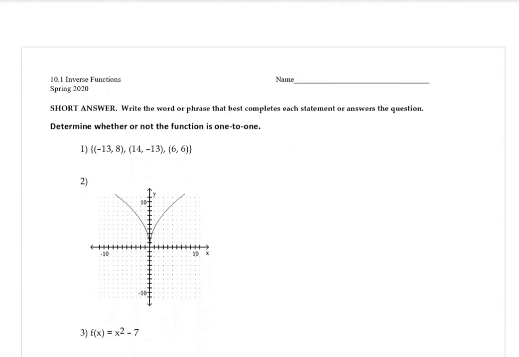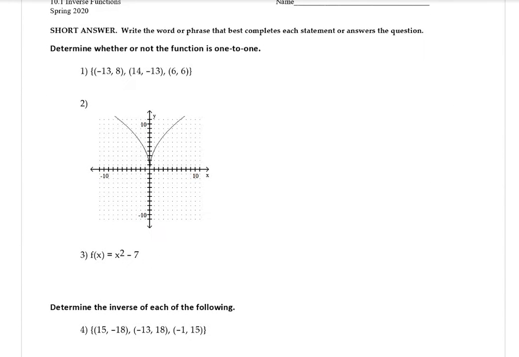So again, the first step in looking at inverse functions is actually determining whether or not the function is one-to-one. And here I have all of my y values being different, right? 6, 8, and -13.